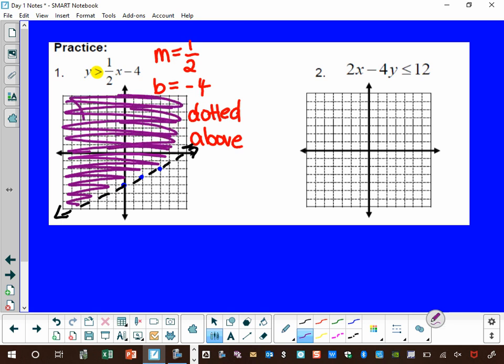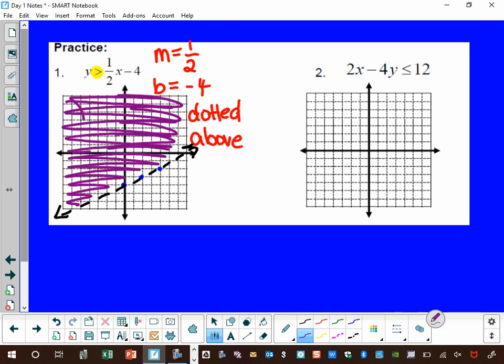You don't have to color it completely, as long as I can tell that it's shaded. These problems, I think that you guys understand. The problem is when it's on a test, sometimes you guys get points off because one of these 4 things aren't done. Either your y-intercept is off, or your slope is off, or you didn't do dotted line, or you didn't shade above. So let's make sure that we're focusing on each thing one by one.